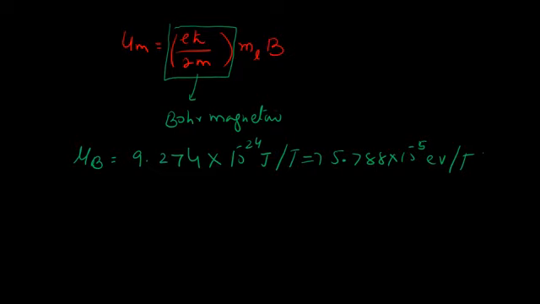So these are the values of the Bohr magneton, which is equal to E h cut by 2m.